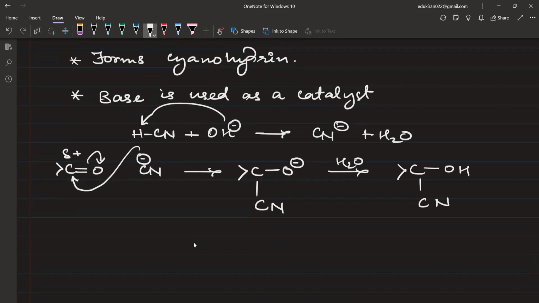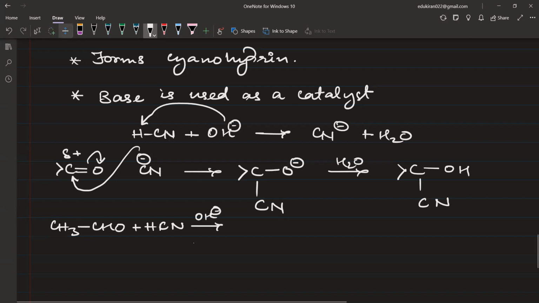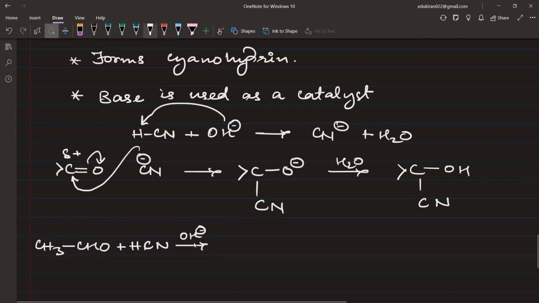If you want a specific reaction, then you have CH3CHO plus HCN in the presence of a base, OH negative. You'll have CH3, carbon. This carbon is going to get CN, with the double bond O, and it already had an H. Sorry, you'll get OH, and it already had an H here.